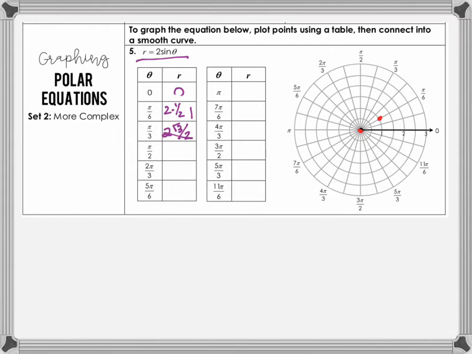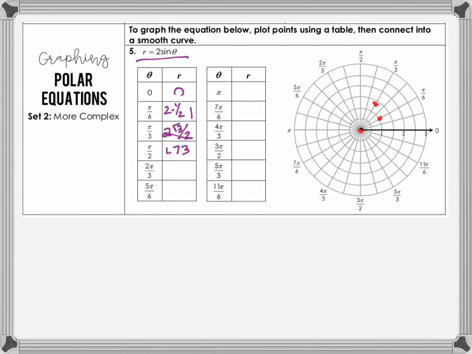So what is the square root of 3? I keep messing up on my calculator. Okay, square root of 3 is 1.73, so about 1.73. So not quite 2. So at pi over 3, it's not quite to 2.